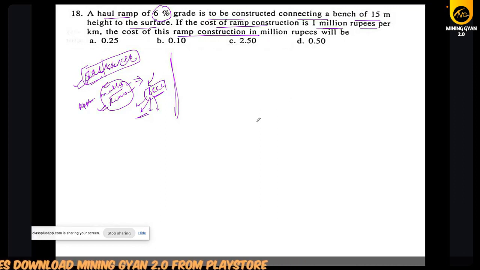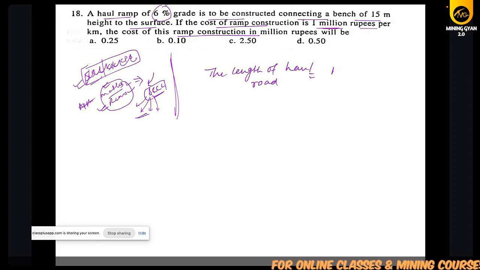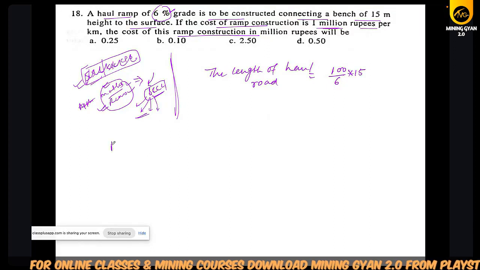So the length of the whole road will be, for a 6% grade, 100 divided by 6 into 15. We want to make a whole ramp.